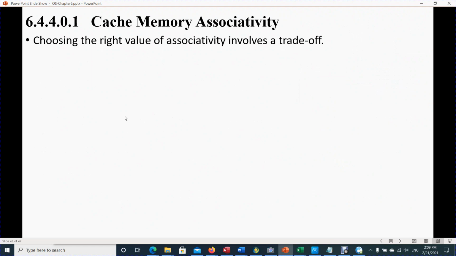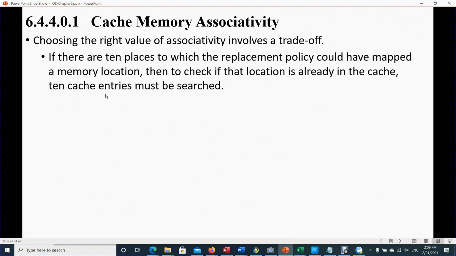Choosing the right value of associativity involves a trade-off. If you have several places where the policy says a location can be mapped, then you have to check all of those places to see whether it is in fact in one of them.